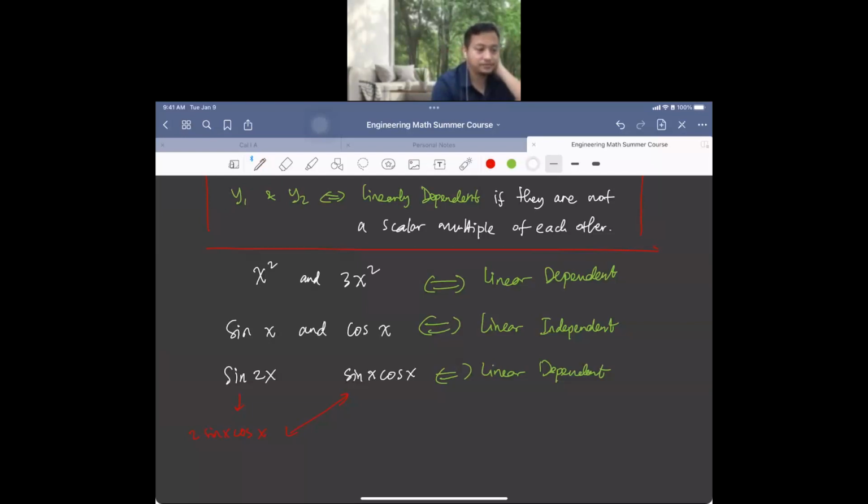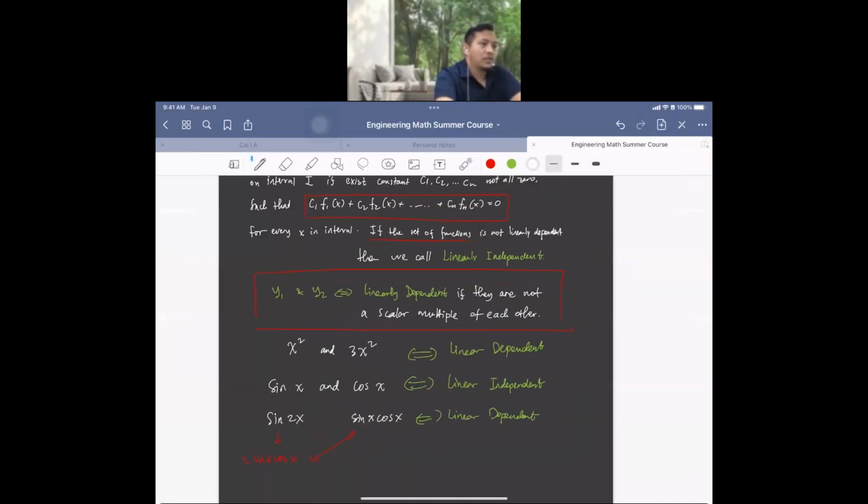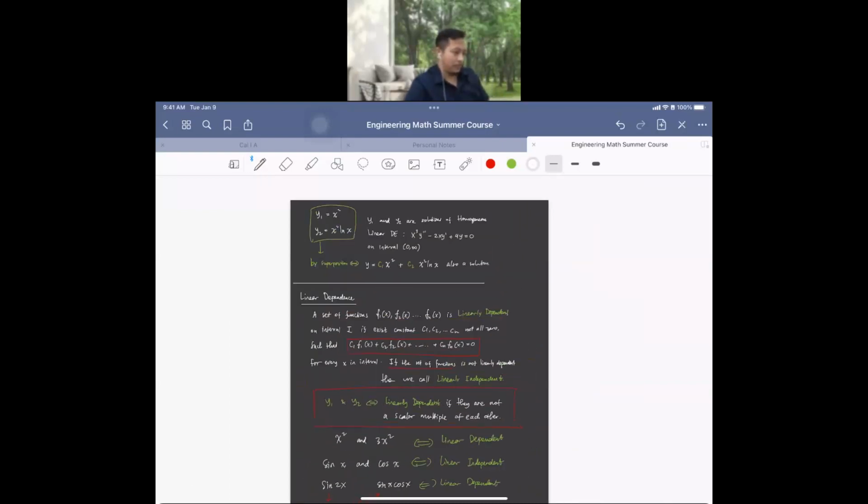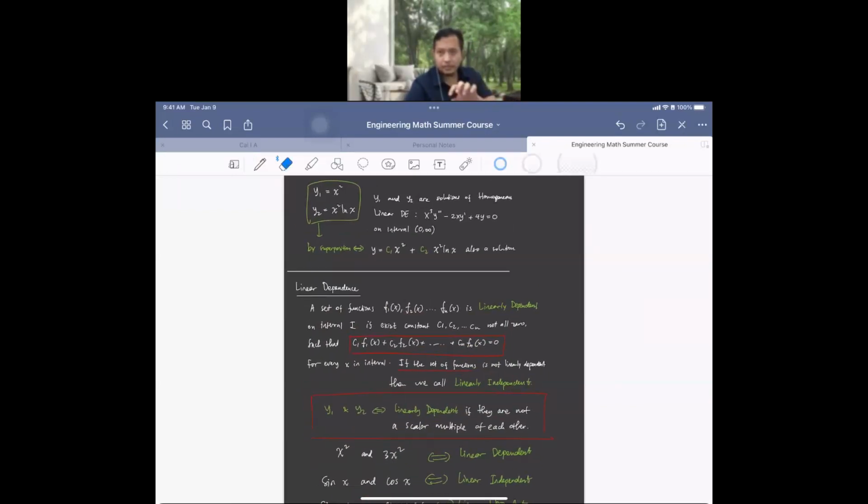That's why it's linearly dependent. Okay, we can move to another section, but let me just give you this and take a 5 minute break.